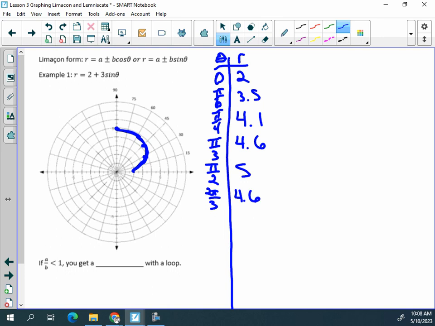So we'll see some symmetry happening here. When we plug in 3 pi over 4, we're going to get out 4.1. When we plug in 5 pi over 6, we're going to get 3.5, which is right here. And then when we plug in pi, we're going to be back at 2.